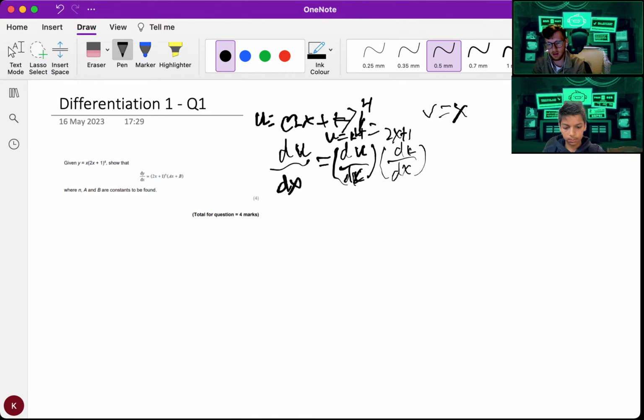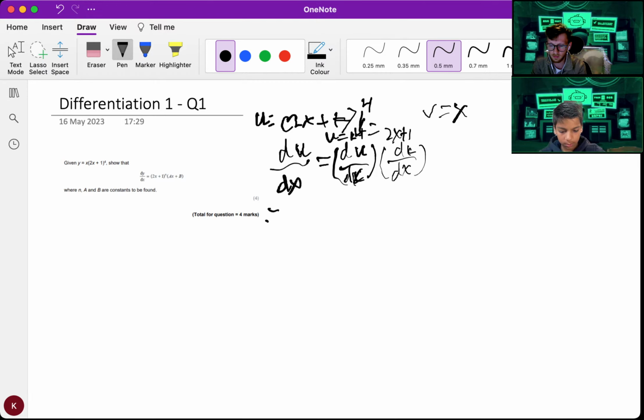Even though it's not technically mathematically correct, du/dk times dk/dx is like the dk's cancel out and you're left with du/dx. That's essentially what the chain rule is.